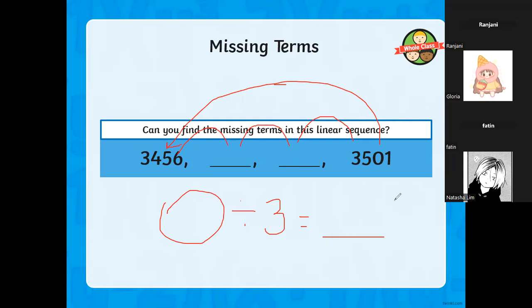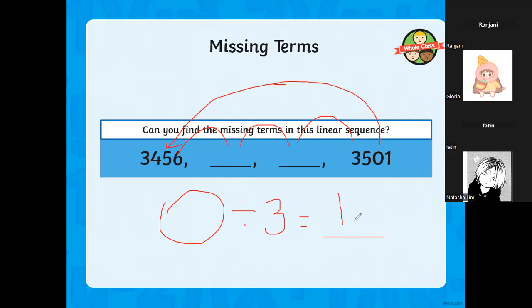Maths is maths. You either get it right or wrong, so I want to see all the same answers. I see Gloria's answer. Fatin's answer is there already. How about Ranjini? Gloria confirmed her answer already. After this, we all have to accept Gloria's answer because she confirmed it. Yes, correct. So it is going up.